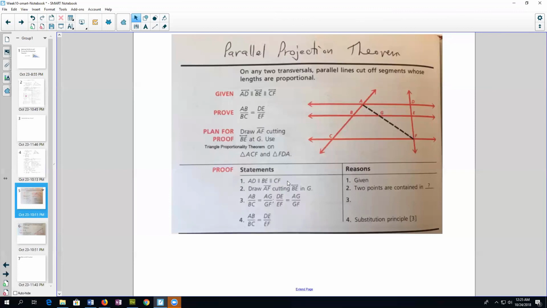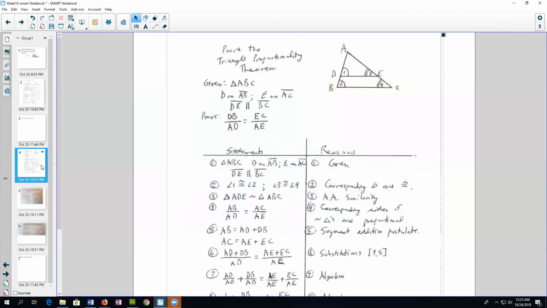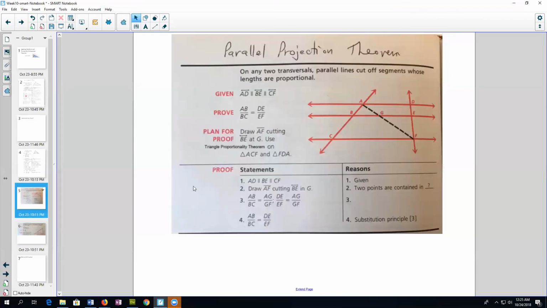And what segment AF does very nicely is it forms two triangles. And we're going to be applying our previous theorem. We're going to be applying the Triangle Proportionality Theorem to this triangle ACF and we're going to be applying it to this triangle FDA.